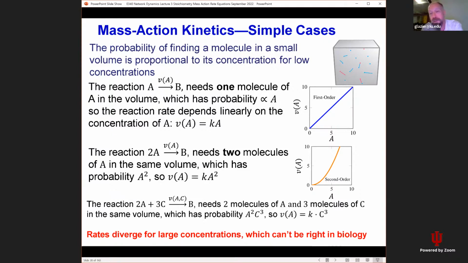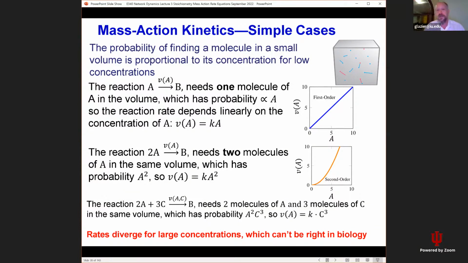On the other hand, suppose that our reaction volume were equal to the volume of one molecule. Then no matter what our density of molecules is, we can't have more than one molecule in the same volume because it doesn't fit.